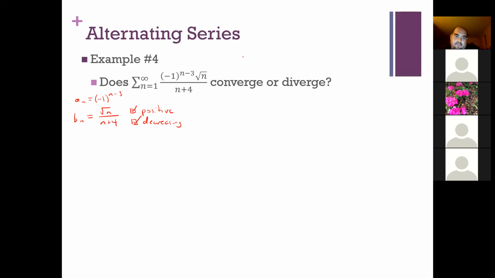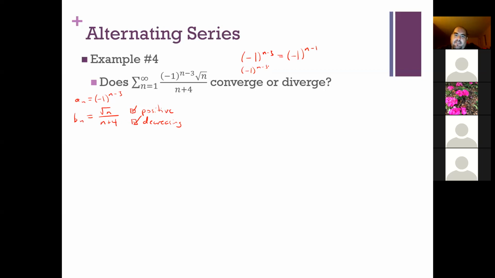Now, maybe it's not totally important to realize this, but maybe you've noticed that these two things are exactly the same. And the reason for that is this.